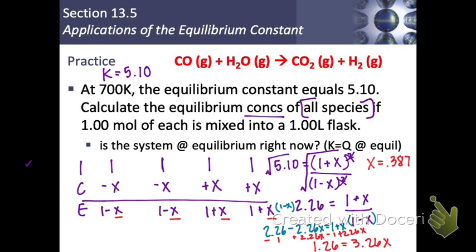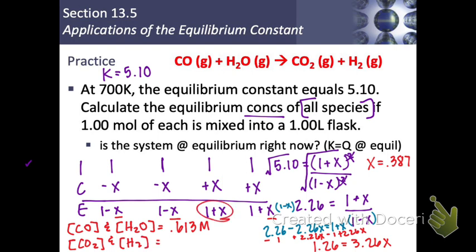The concentration of CO and the concentration of H2O, both of my reactants, is equal to 1 minus 0.387, which is 0.613 molar. And the concentration of my products, CO2 and H2, is 1 plus x, so 1.387 molar.